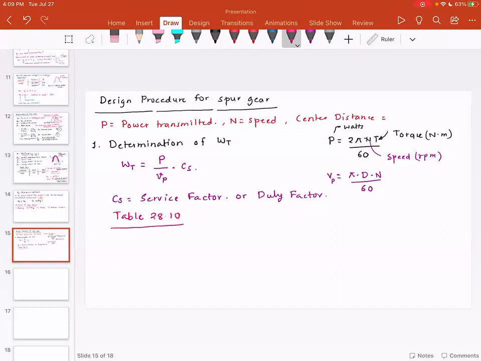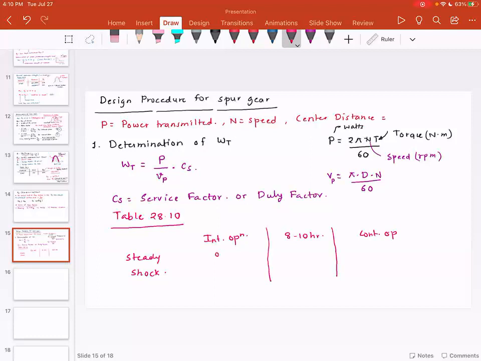If you look at table 28.10, whether you have the steady load, you have shock load, and whether you have intermittent operation, you have 8 to 10 hours operation, or you have continuous operation, the duty factors are given to us.